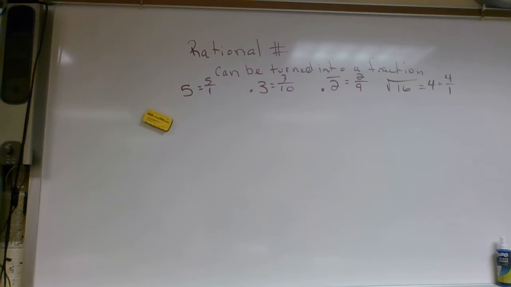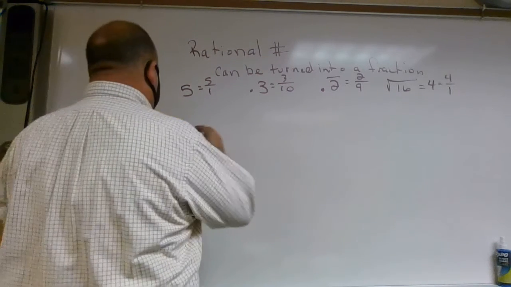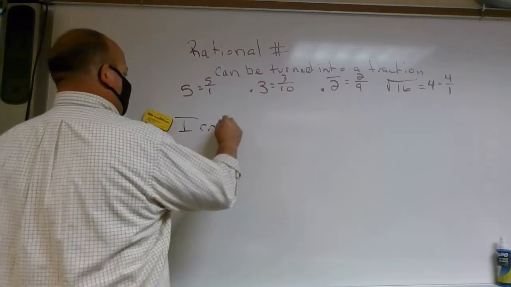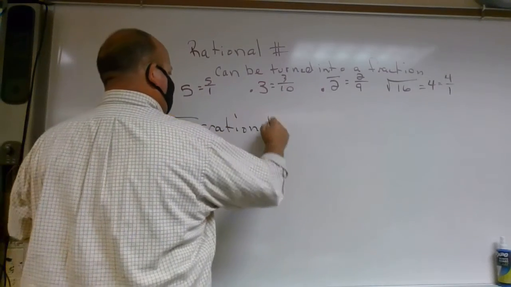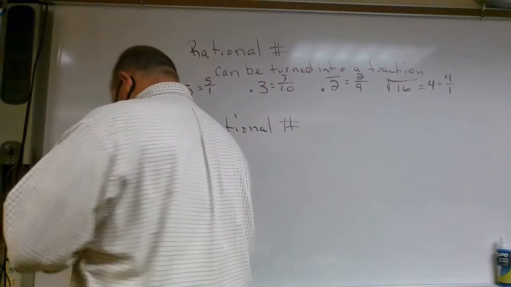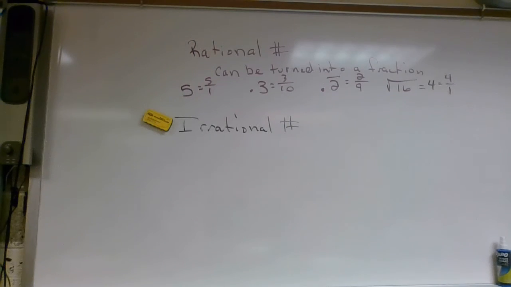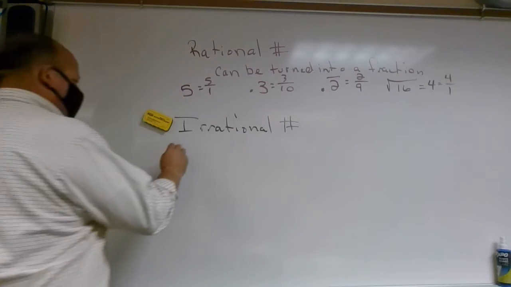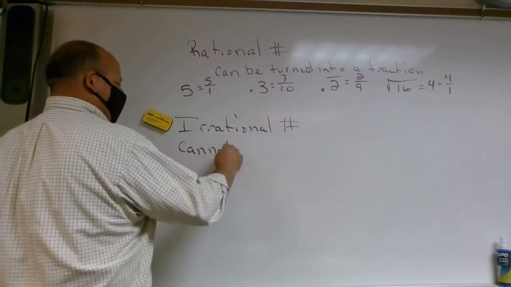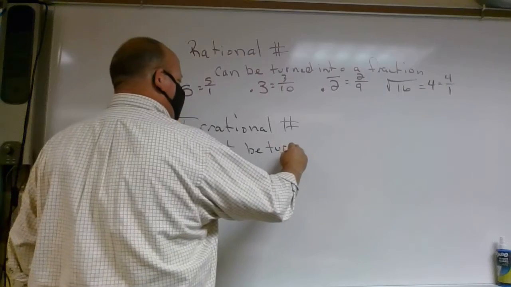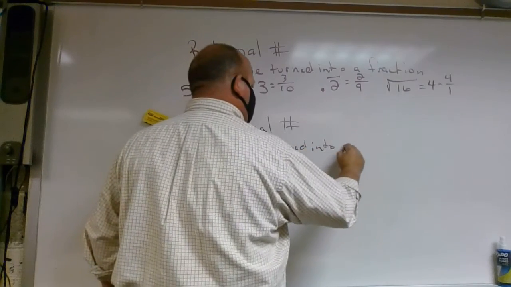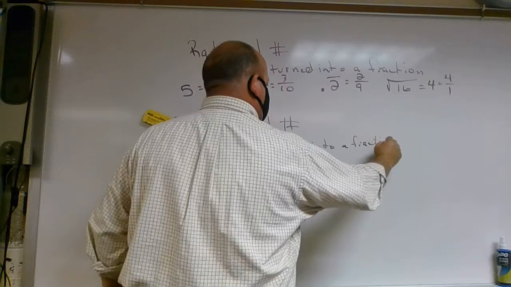All good. What is the definition of an irrational number? Say it louder. Something that can't be turned into a fraction. It's as easy as that. Something that cannot be turned into a fraction.